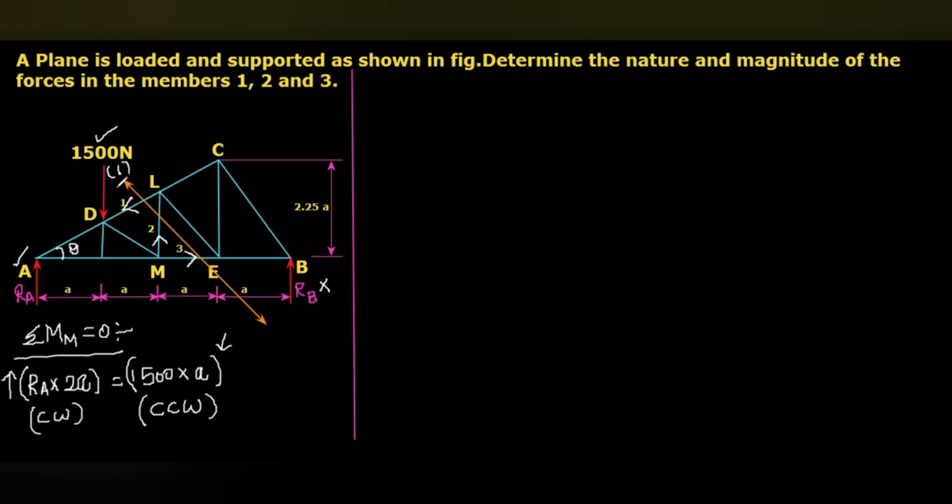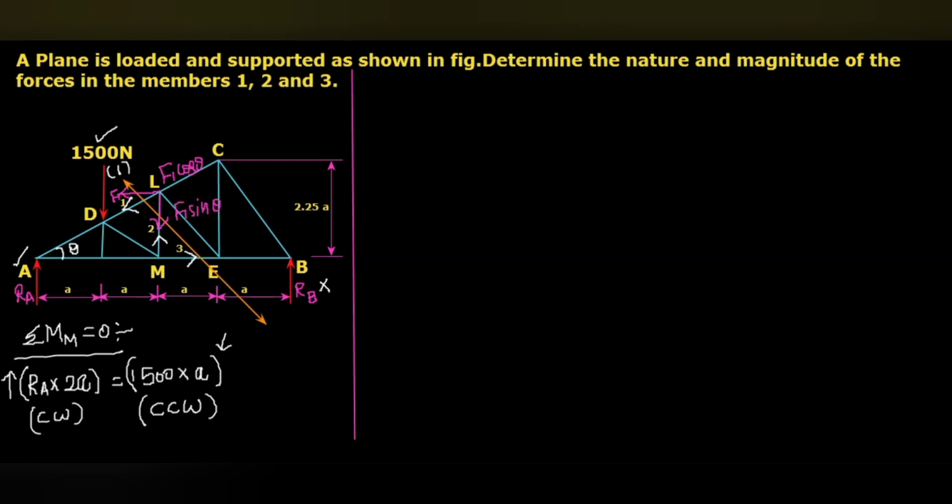So if this is the force F1, this will be the horizontal force, F1 cos theta, and this will be the vertical force, F1 sin theta. This F1 sin theta passes through M.